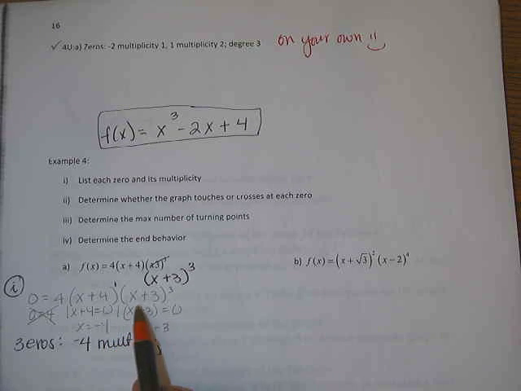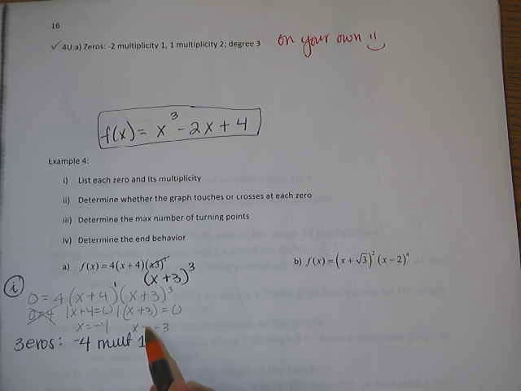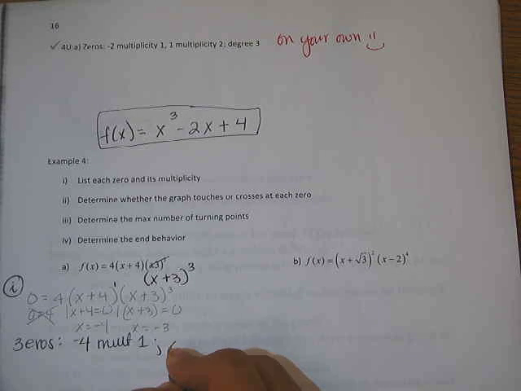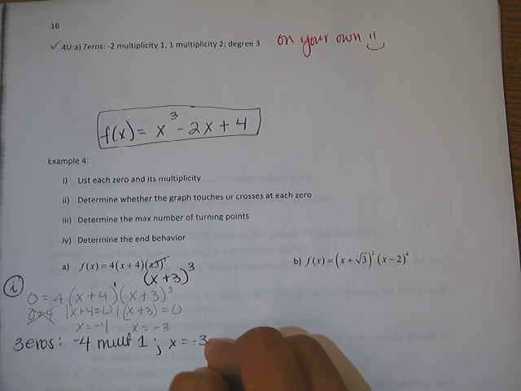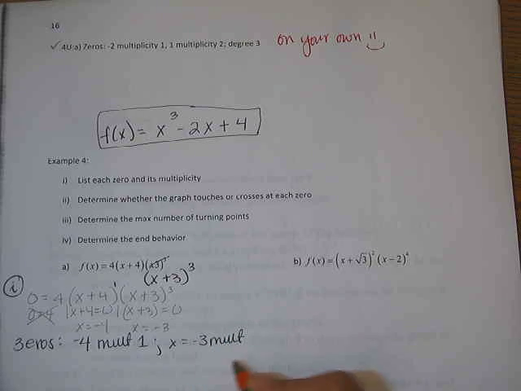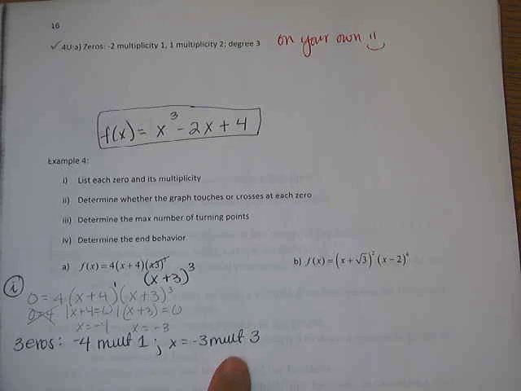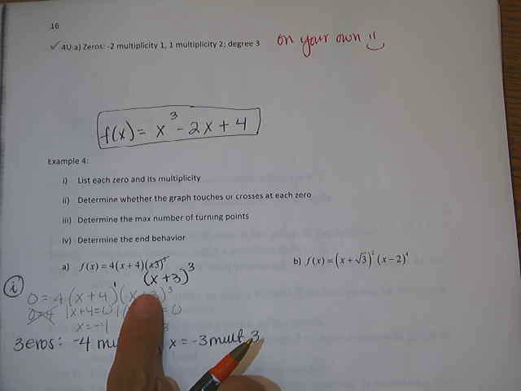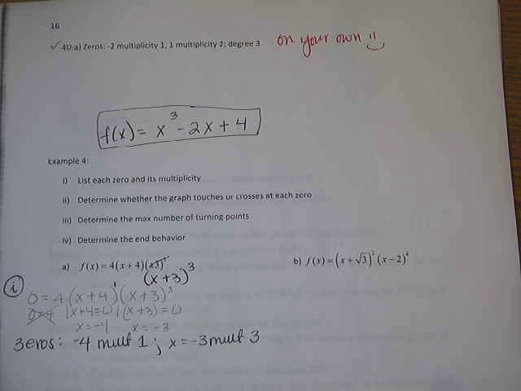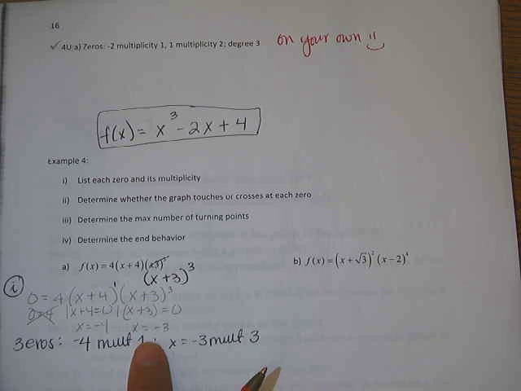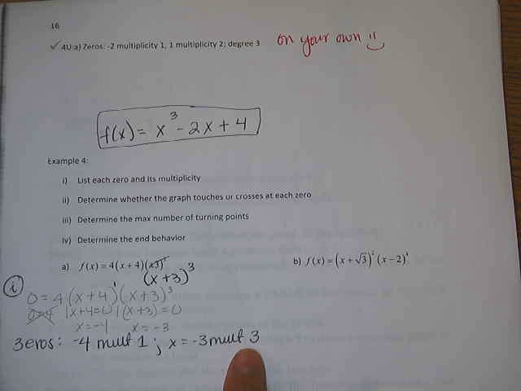Well, notice how this x plus 3 to the third power, even though there's 1 0, x equals negative 3, it has a multiplicity of 3. Because if I need to write this out, technically there are 3 of these, right? But because they're exactly the same 0, we only write it one time. But we can say, hey, it has a multiplicity of 3. I mean, there's 3 of these out there.